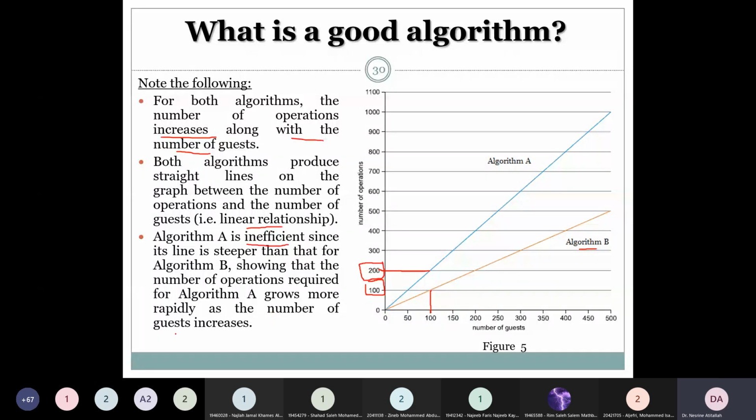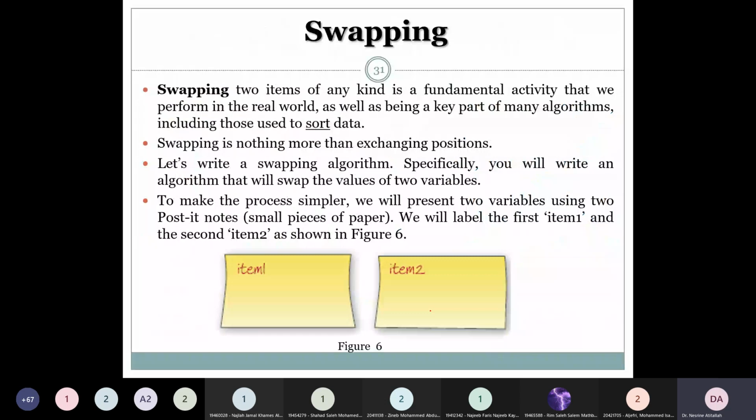So this is what it means to be a good algorithm. A good algorithm needs to be easy to understand, and we need to use it many times.